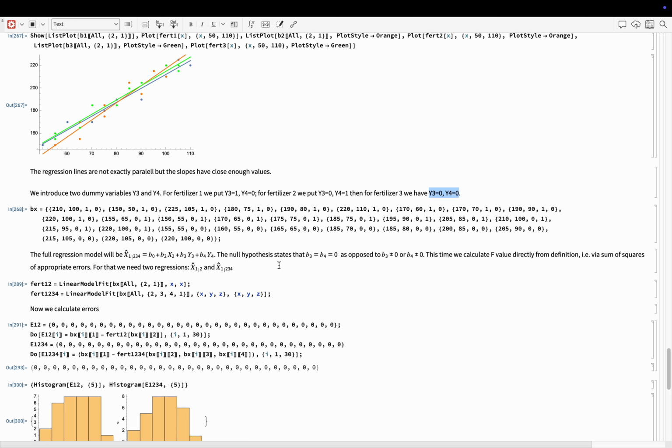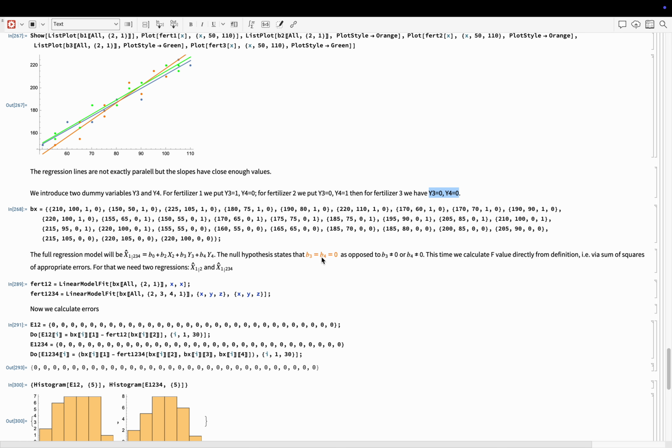The null hypothesis says that coefficients B3 and B4 are 0, so that there is no difference between the yield of a particular field with the same nitrogen level and different types of fertilizer used.